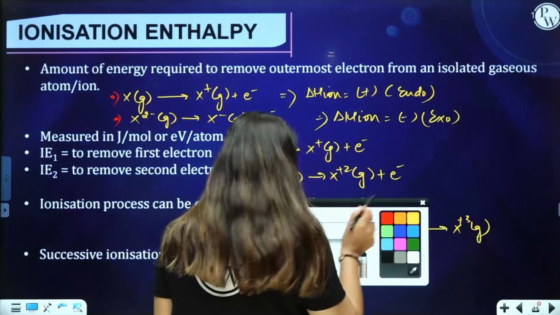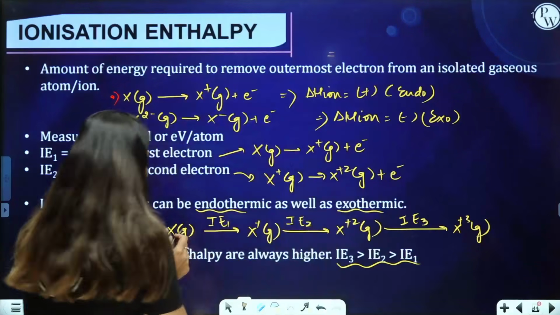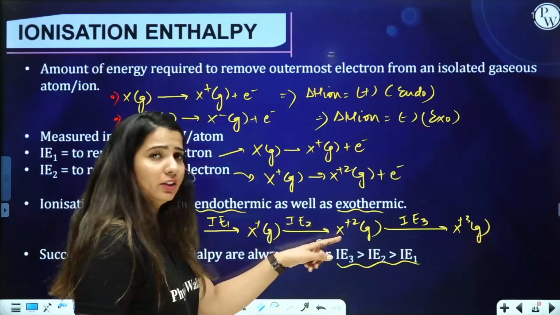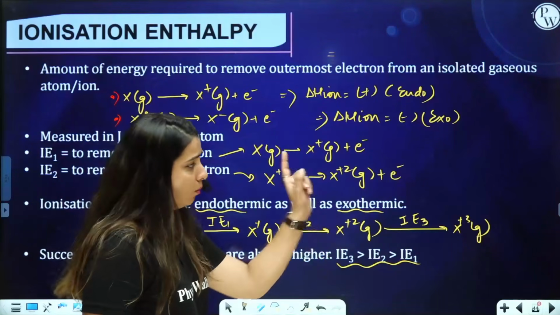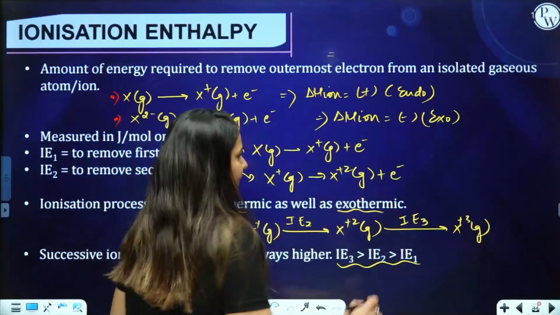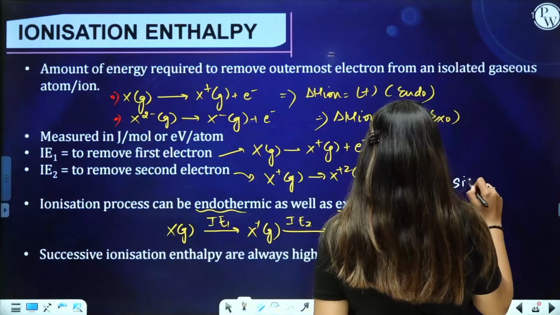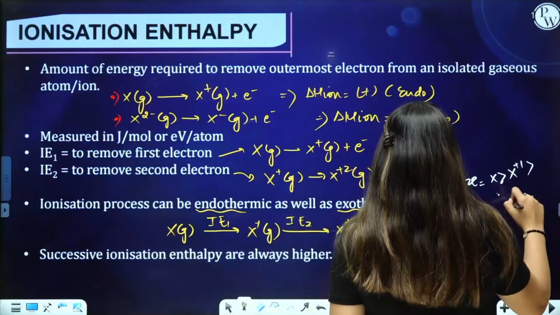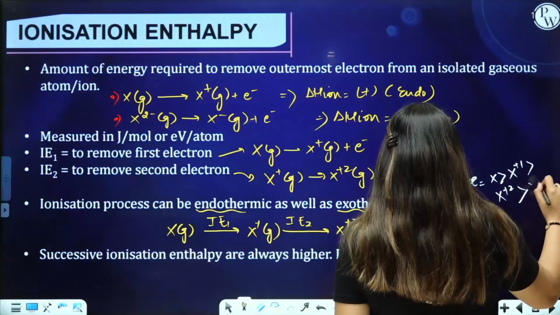Now this is neutral, this is smaller size, more positive charge, more smaller size. If I write the order of the sizes, the biggest one will be X, then X plus 1, then X plus 2, and then X plus 3.